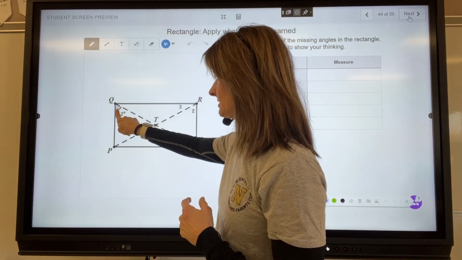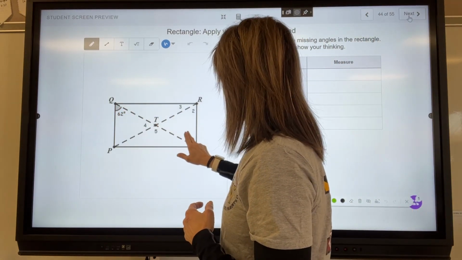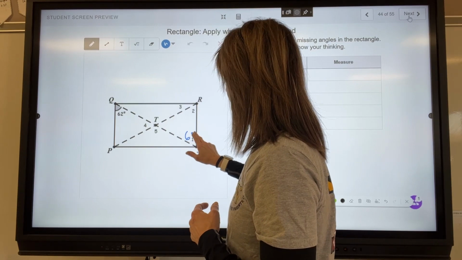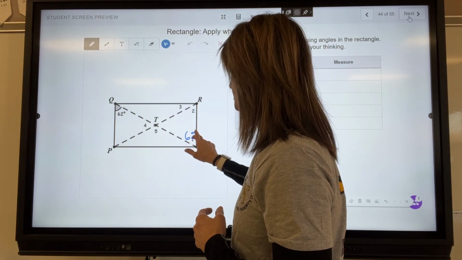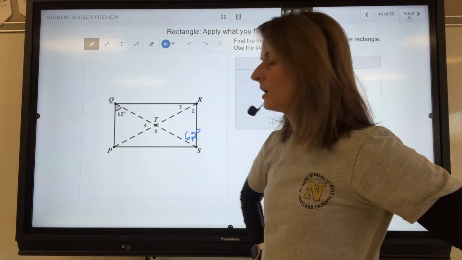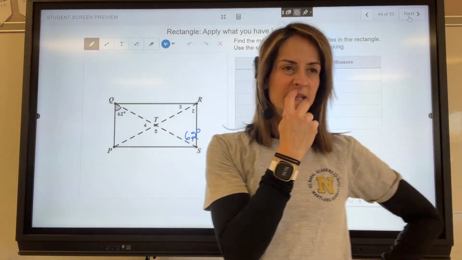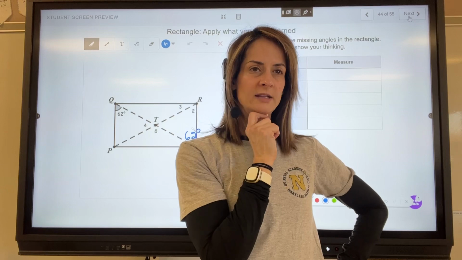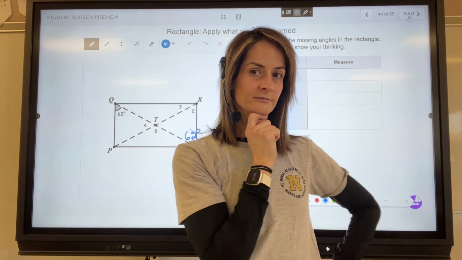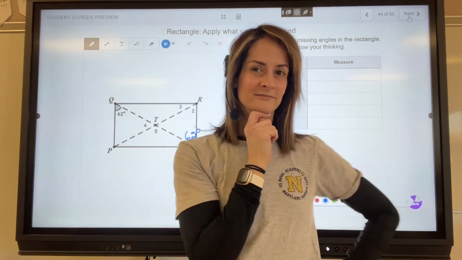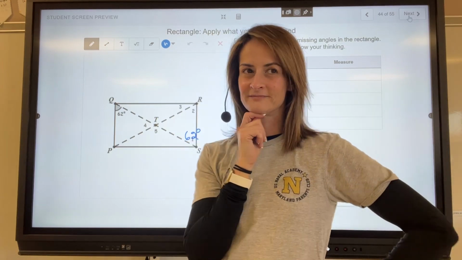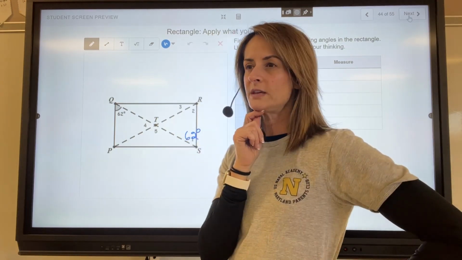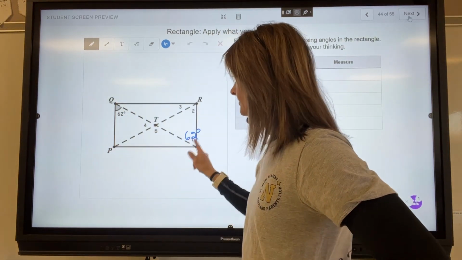This 62 degrees, this angle here, is the same as this one over here, 62. Boom. So we already have one. What's another angle that we could get right away because we know this is a rectangle? What are the measures of all the interior angles of a rectangle?